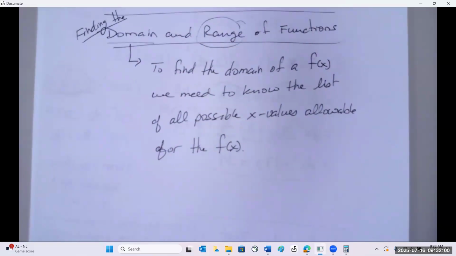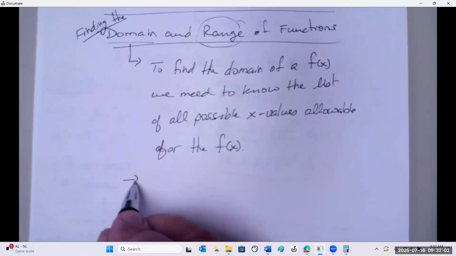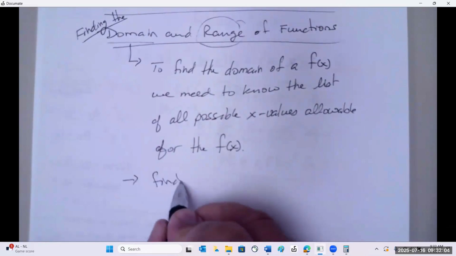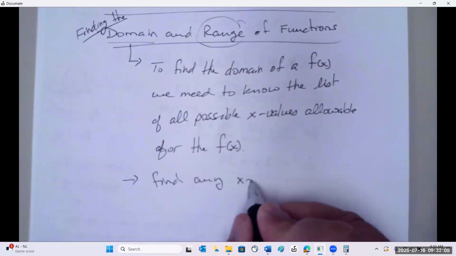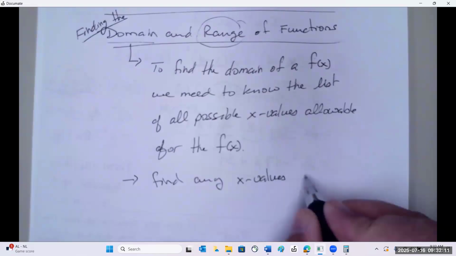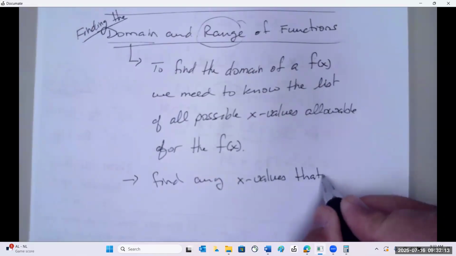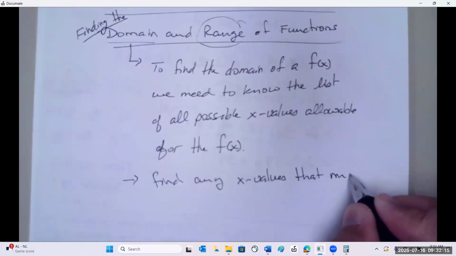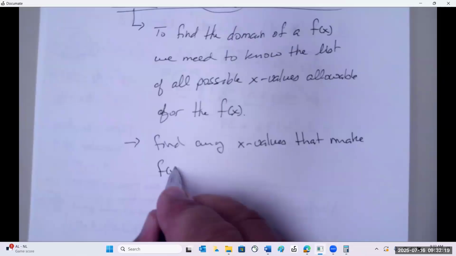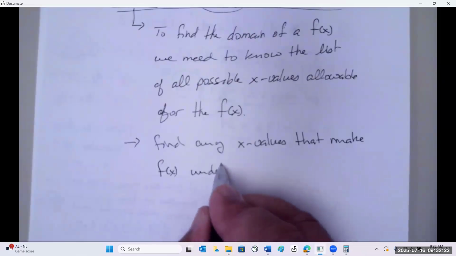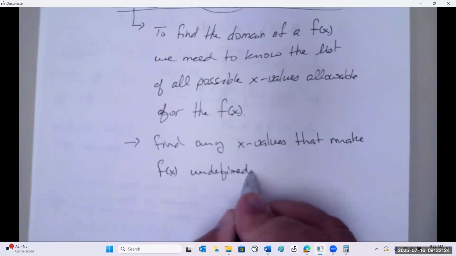So basically, what this is saying, find any x values that make the function undefined.